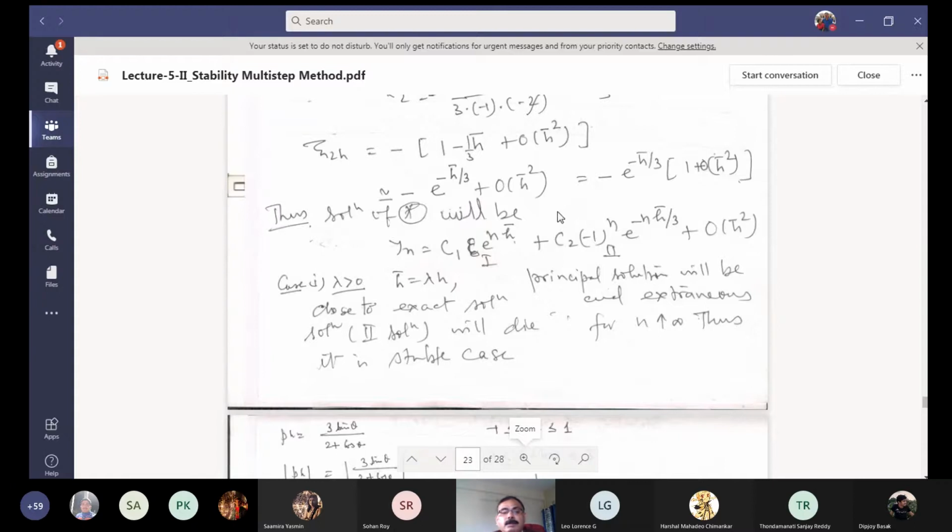Now this is your principal root. The first one I have written is the principal root. The second one is the extraneous root.